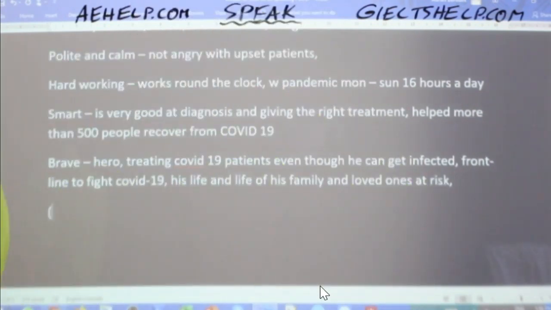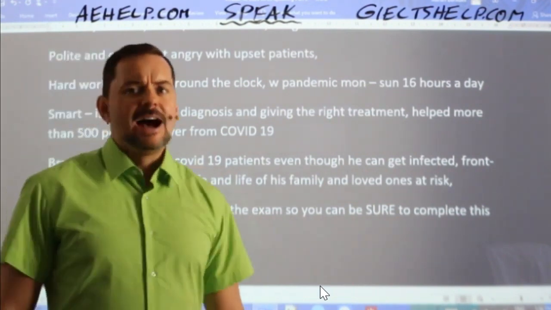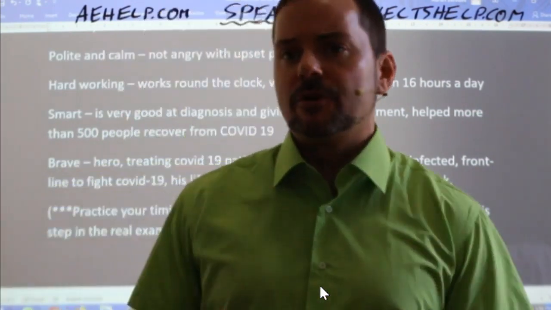So practice your timing before the exam so you can be sure to complete this step in the real exam. What is that step? Yeah, absolutely. First sentence. So have your first sentence ready.